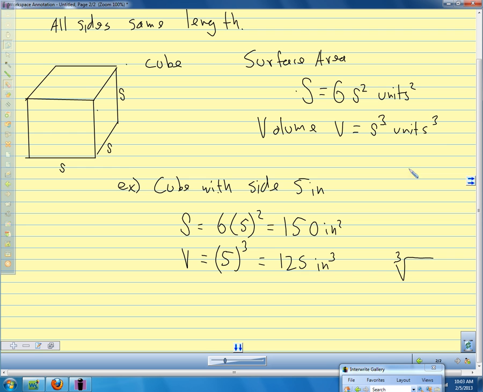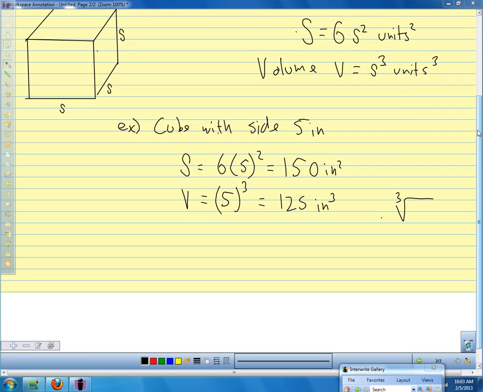All right. Let's look at a slightly more complicated example. Let's say we have a cube with a surface area of 120 centimeters squared, and we want to find the volume.